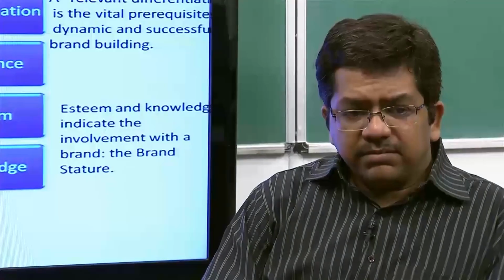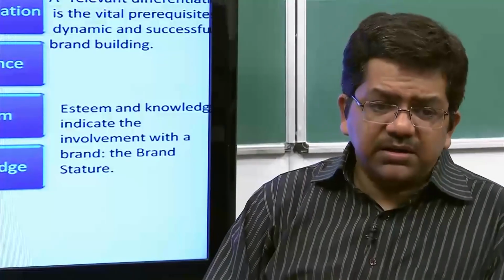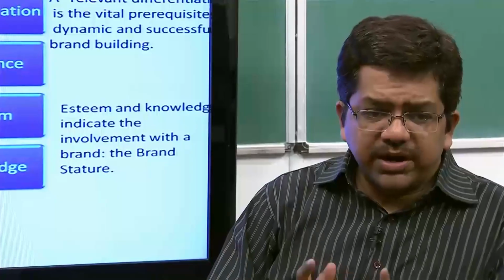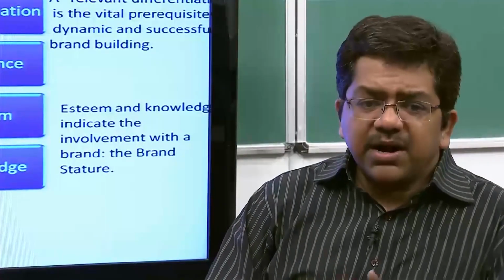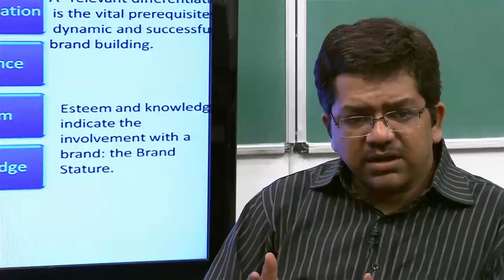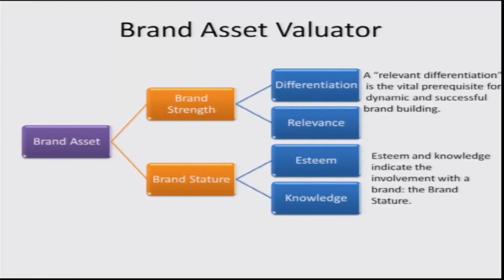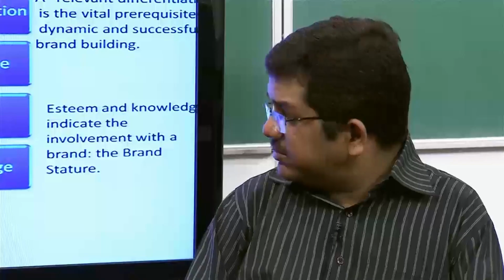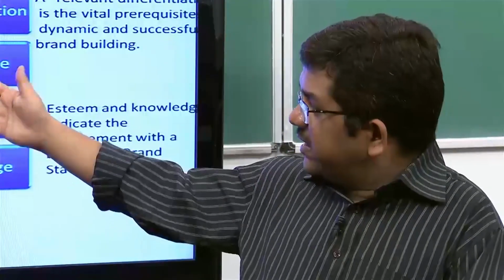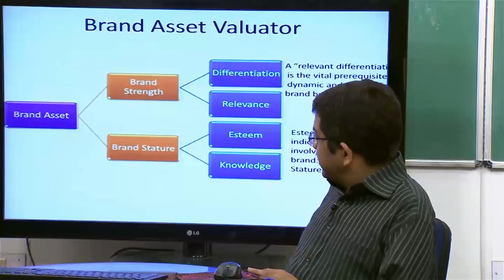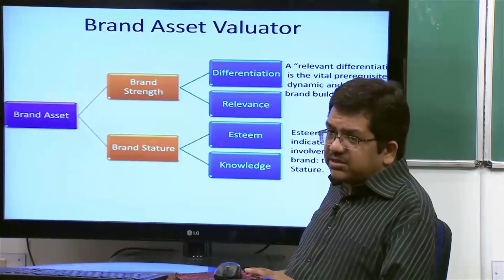This was basically about Aaker's brand equity model. And the last model in this brand equity discussion that I am going to discuss is the brand asset valuator from the Young and Rubicam consulting firm. Here a brand is seen as a very important intangible asset, and when we treat a brand as an intangible asset, we see that it has two dimensions inside it.